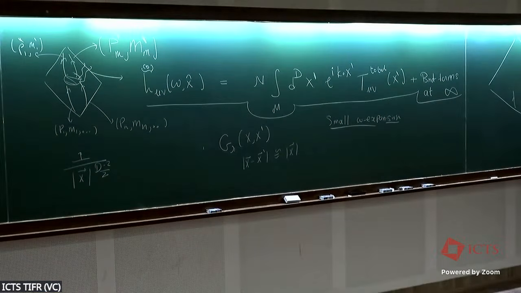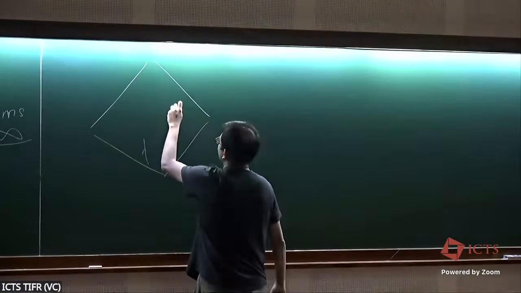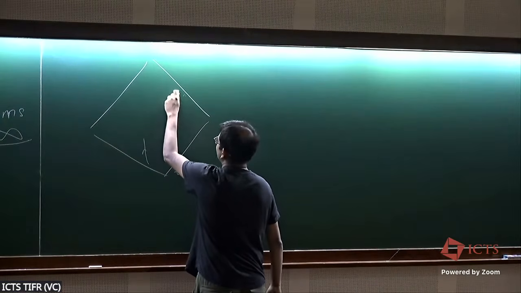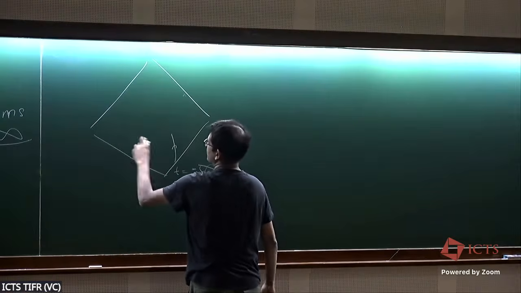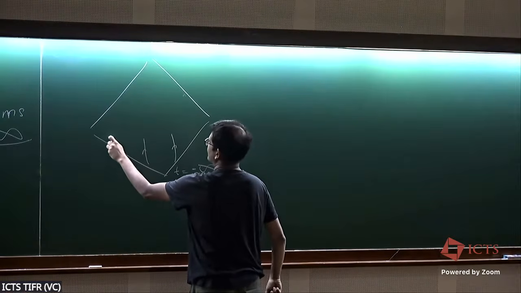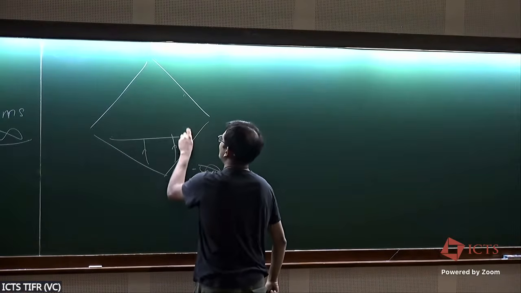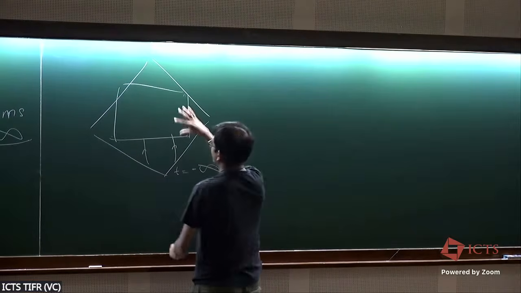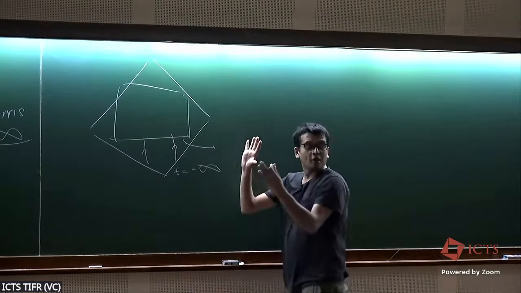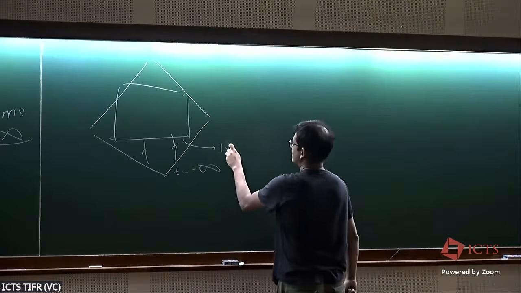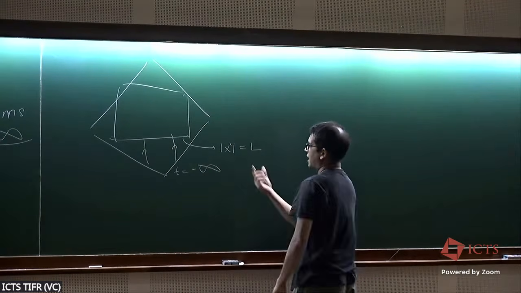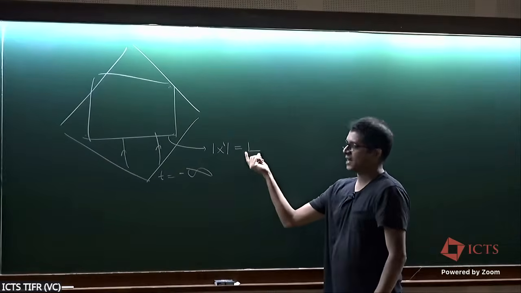And we take a sphere of radius L. This is the time direction, so I'll draw it like a cylinder. So there is some domain of spatial size L, and right now this L is completely arbitrary.